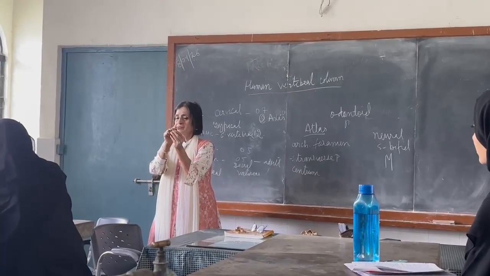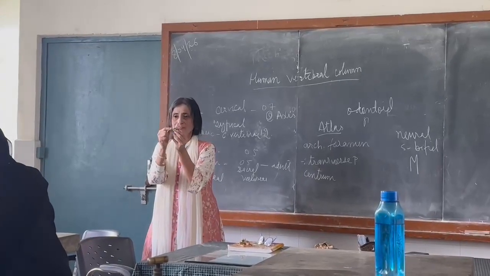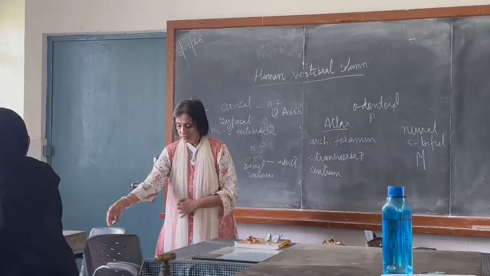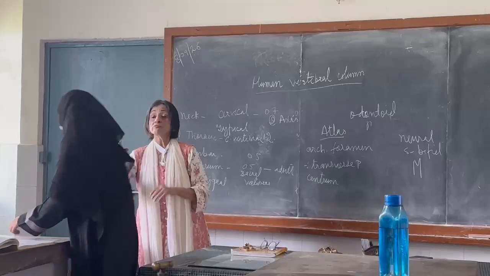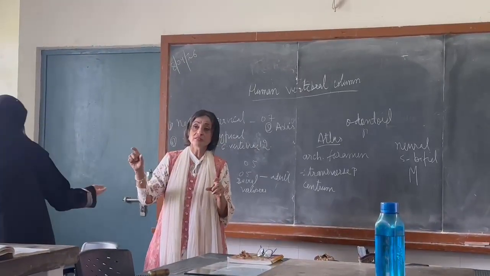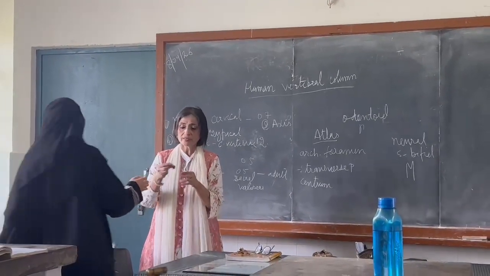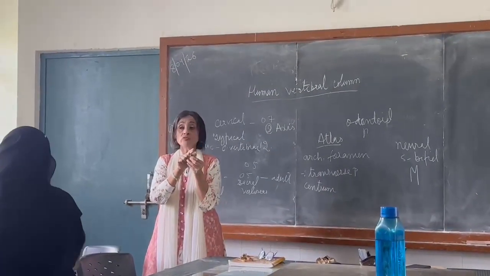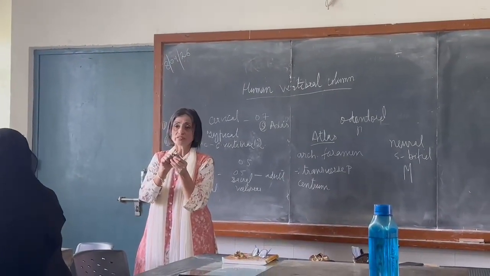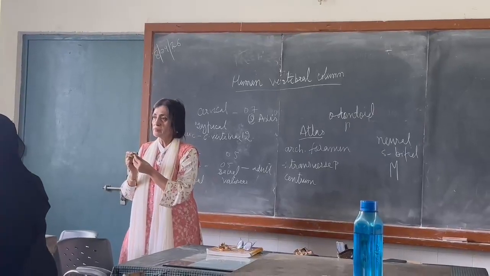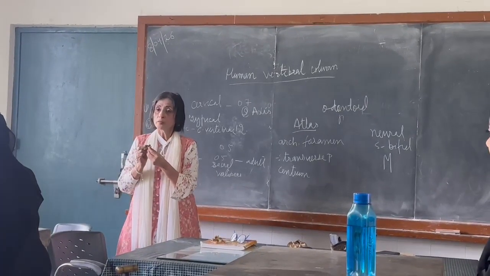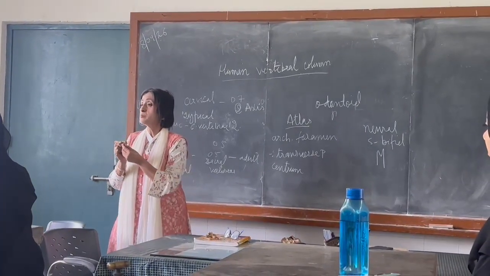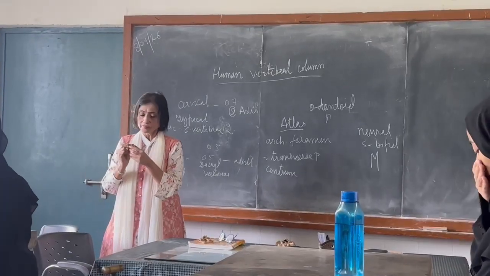Again neural canal, bifid neural spine, transverse process, which are the lateral projections for the attachment of the muscles. They have foramen. Neural spine is also for the attachment with the muscle, provides support. This is the centrum. This also provides the support. It bears the body weight, right?